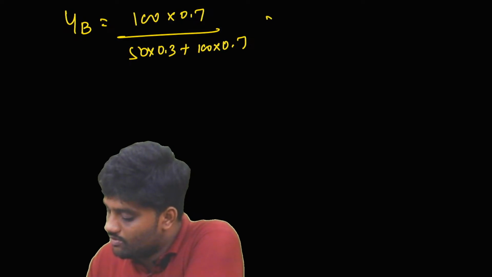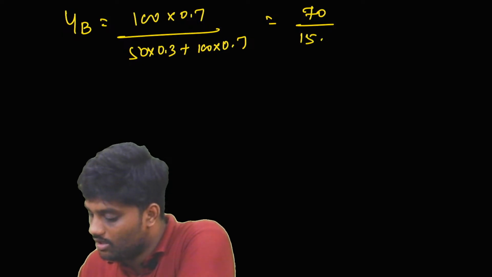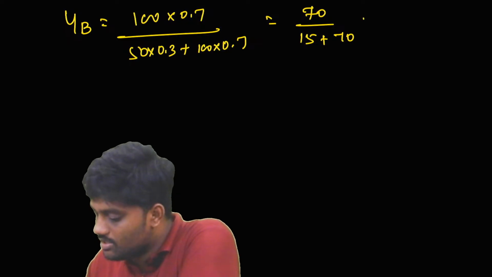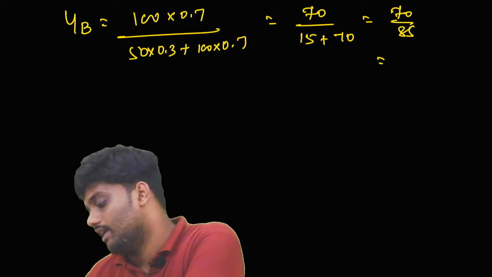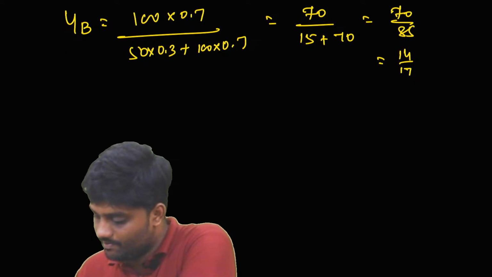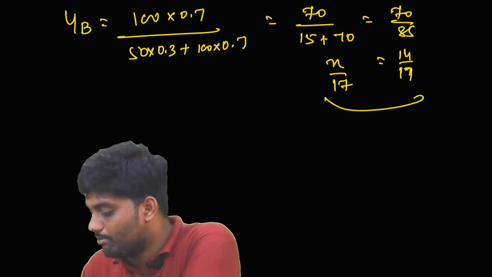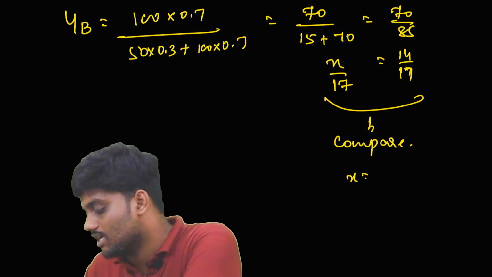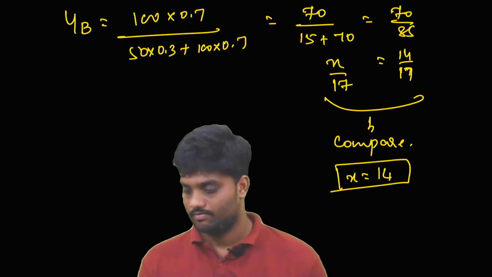When you do the calculation, 50 into 0.3 is 15, and 100 into 0.7 is 70. This is equal to 70 upon 85, that is 14 upon 17. They have given this as x upon 17. When you compare, x comes out to be 14.